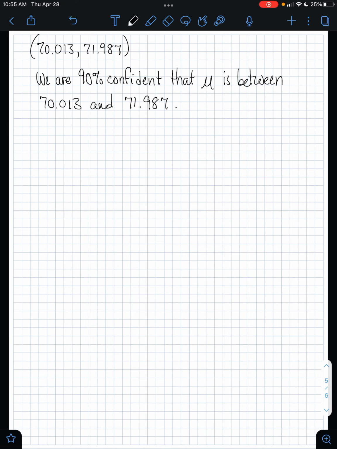Now, a 10% chance might not seem like that big of a deal, and perhaps it isn't. But perhaps it is. Maybe for whatever reason, we need to be more accurate than that. So we're going to do a second confidence interval for this, and we're going to do it again with a higher confidence level.